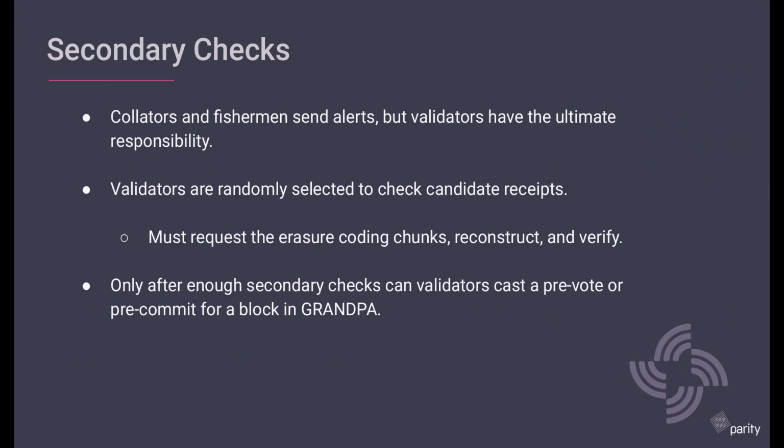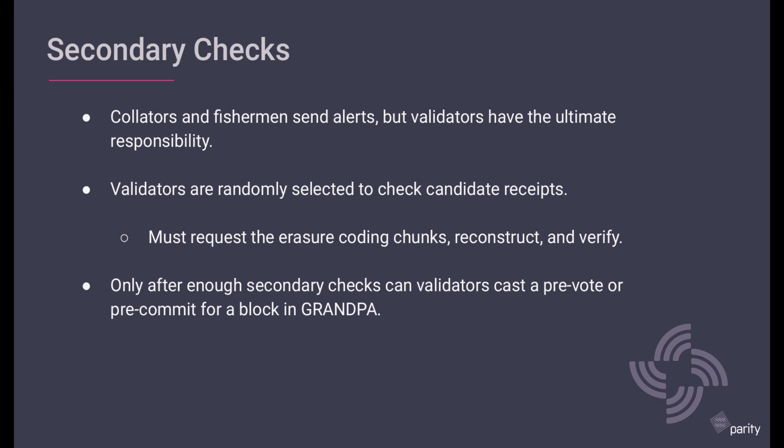So now we get to the secondary checks that the validators are going to do. The collators and fishermen will send alerts that something is unavailable or invalid, but ultimately it's up to the validators to decide what's going to the relay chain, and they're the ones who are ultimately held responsible for it.